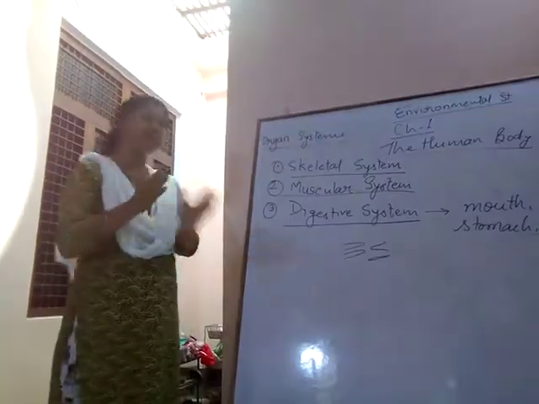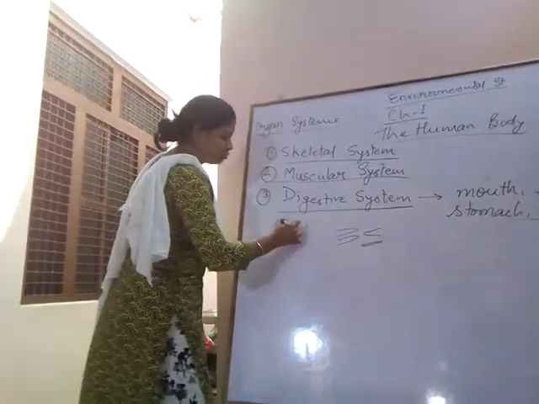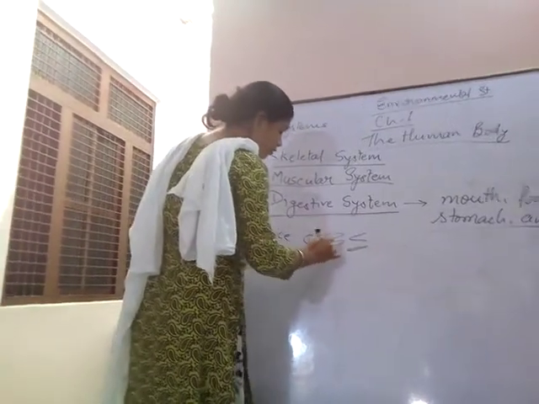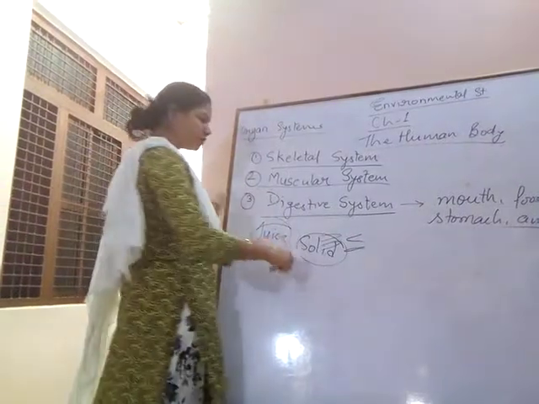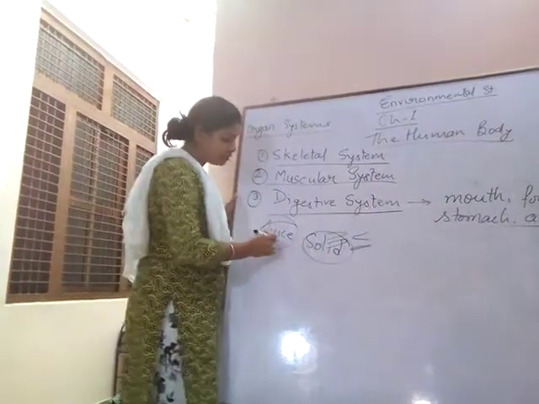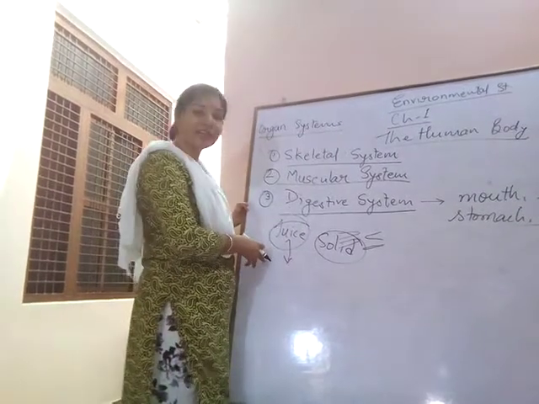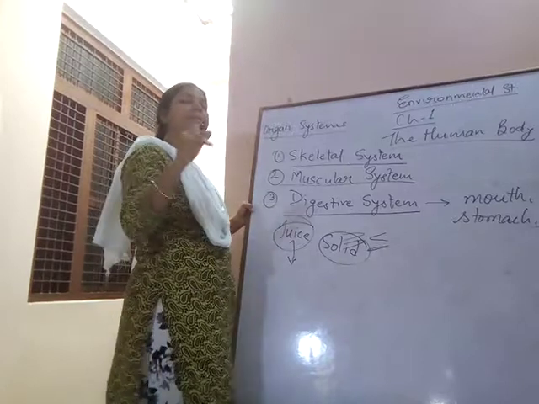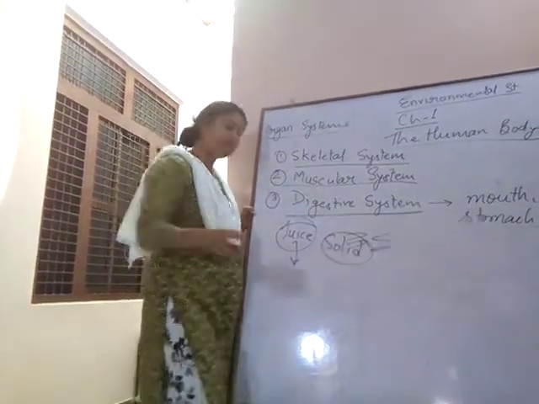Once it is filtered, the juice part, or the liquid part, and the solid waste get separated. From here, the liquid part, which has the digested food, mixes with the blood and is sent all over the body.